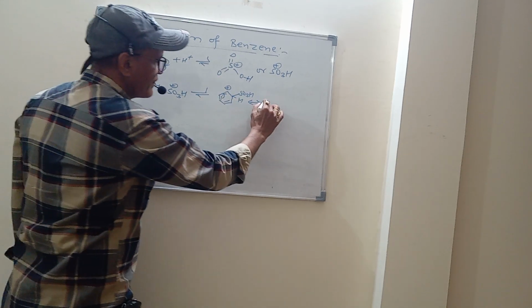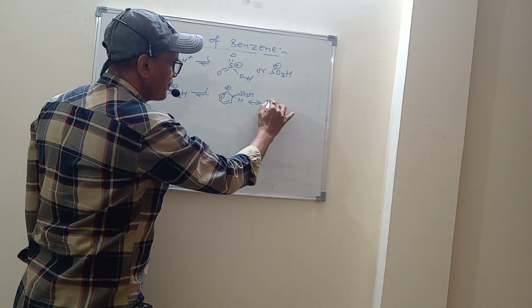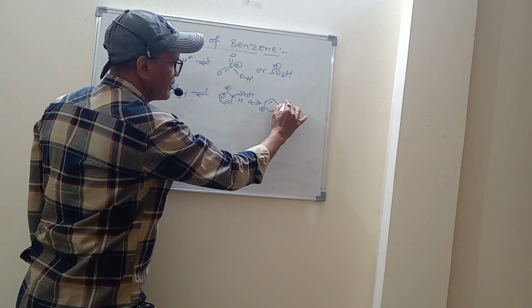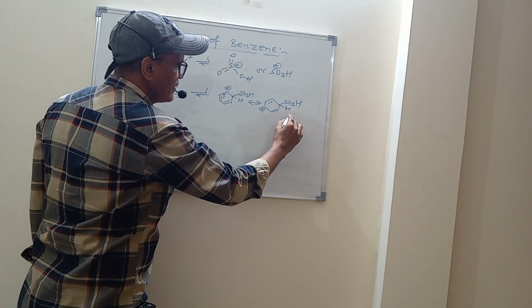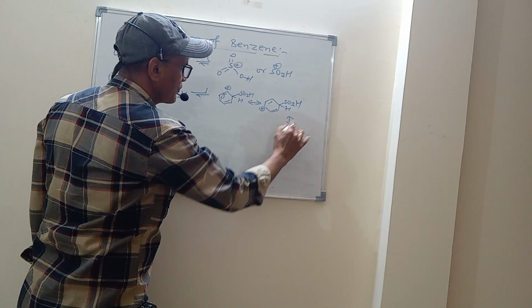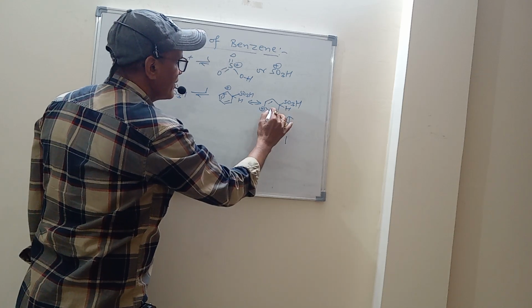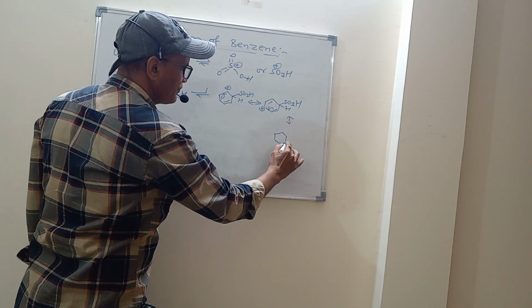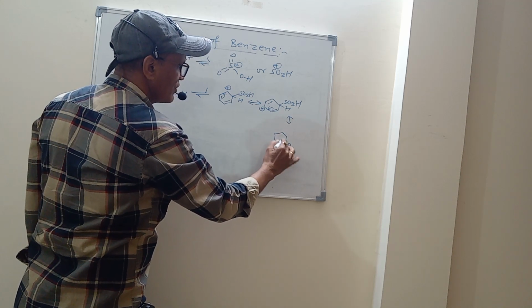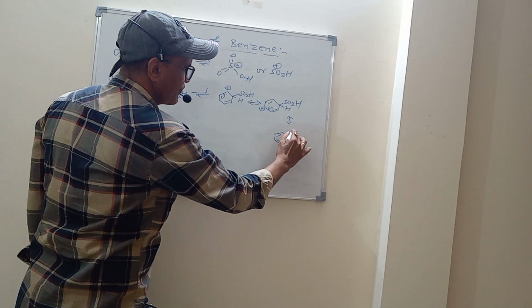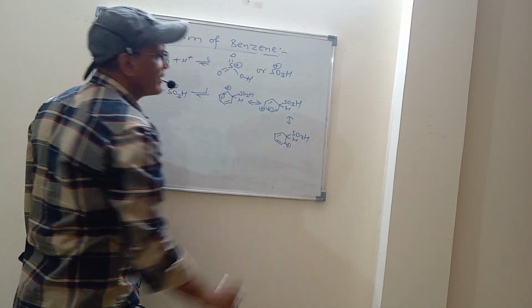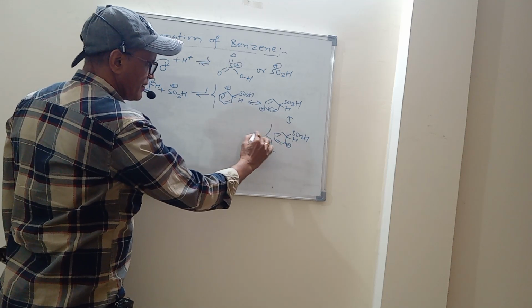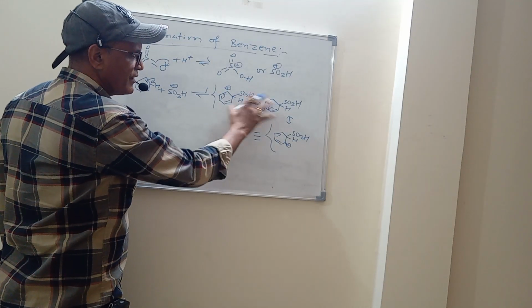This is shifted here, positive charge on this point, SO3H, then this is shifted here, so positive charge on this point, now SO3H, and it's equivalent of these three.